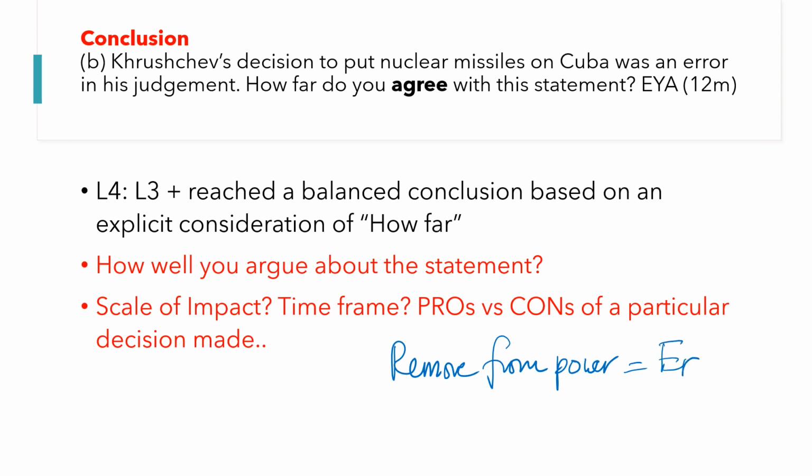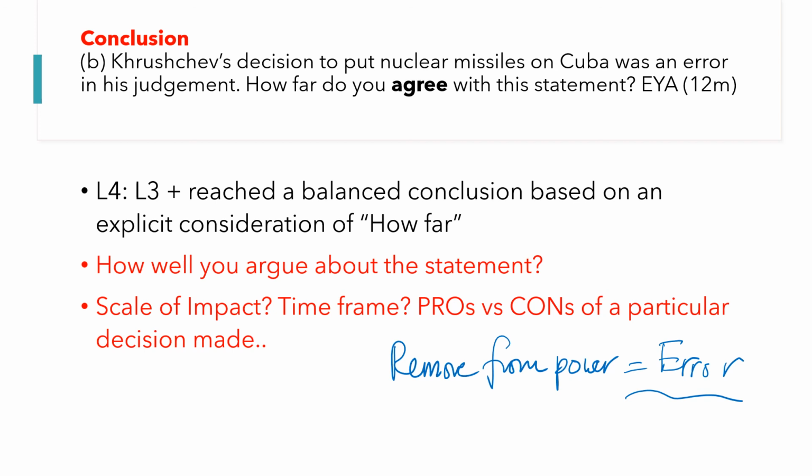He made a mistake to the extent that he got removed. So obviously, Khrushchev's decision to even start by bringing missiles into Cuba, and then taking them back and negotiating with Kennedy and the USA, was an error right from the beginning.